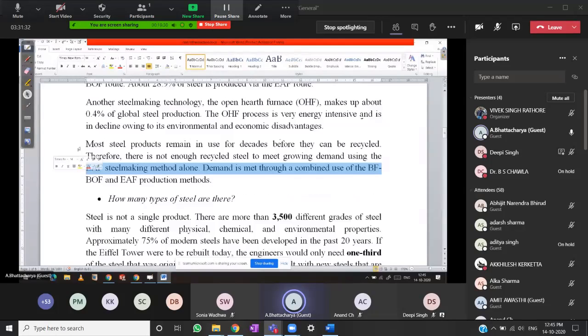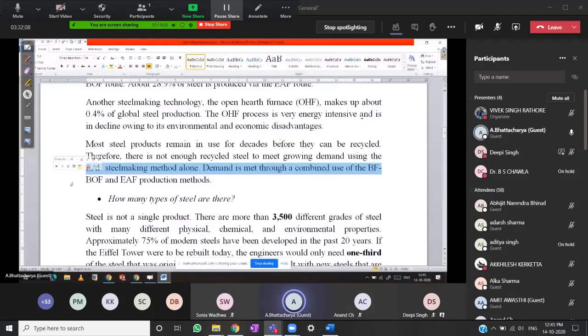So most steel, this is very important. Why has steel become so popular? Because it is 100% recyclable. Other materials may not be possible to recycle. For example, other building materials like thermoplastics, paper, you cannot recycle it. Cloth, your kapda, you cannot recycle it. But steel is 100% recyclable.